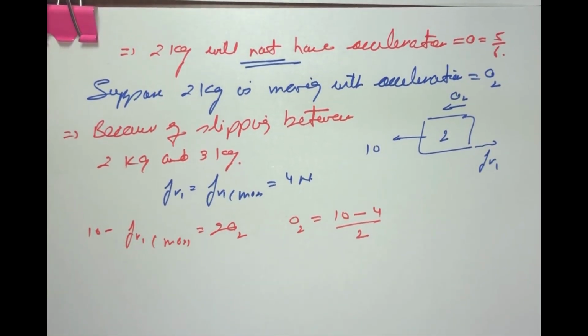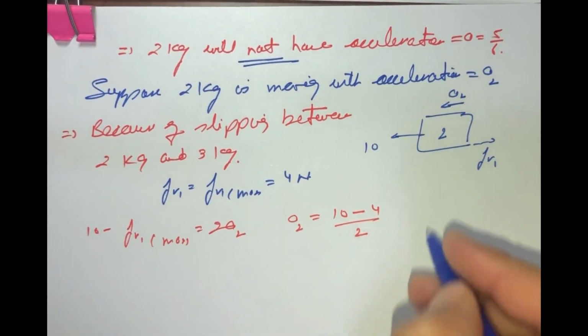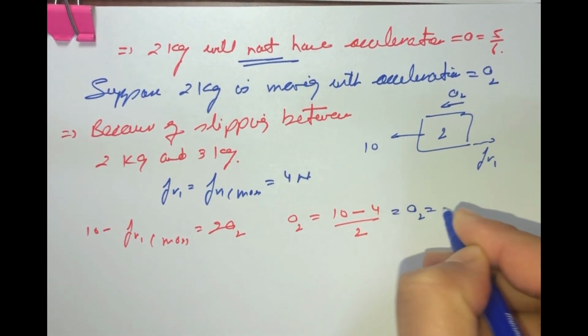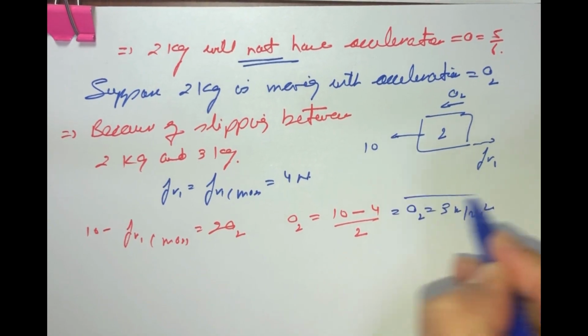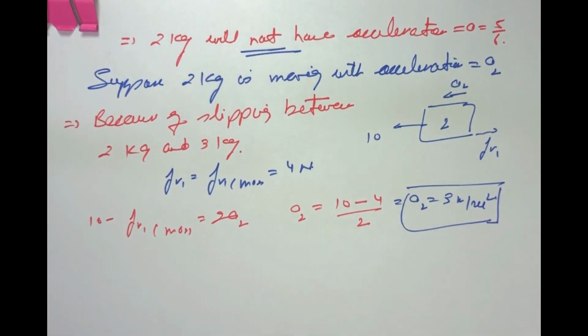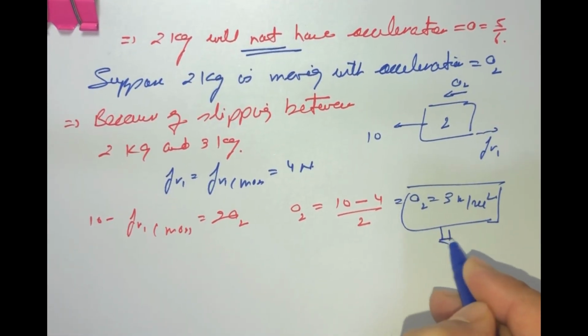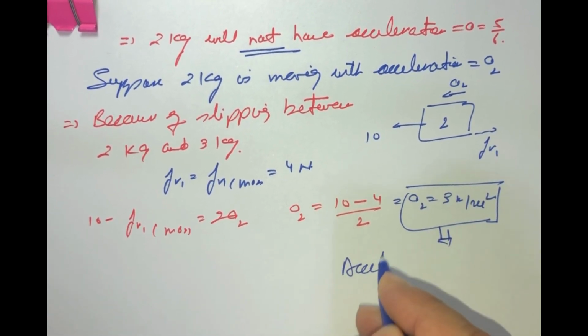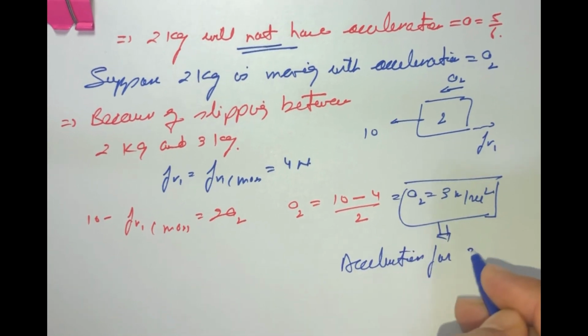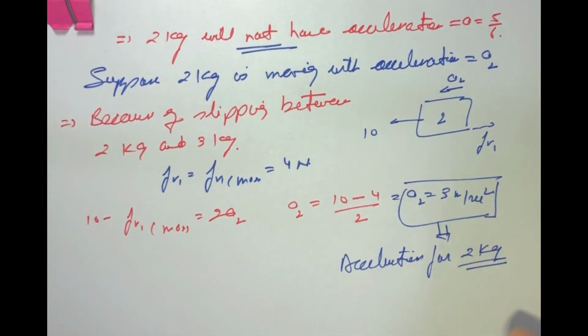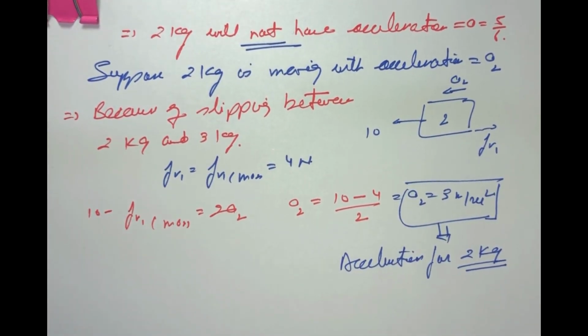So you can say that A2 will be equal to 3 meter per second square. So this is the acceleration for 2 kg. Now, as there is slipping between 2 and 3 kg, 2 will be moving with different acceleration.